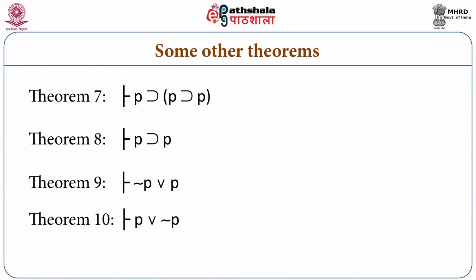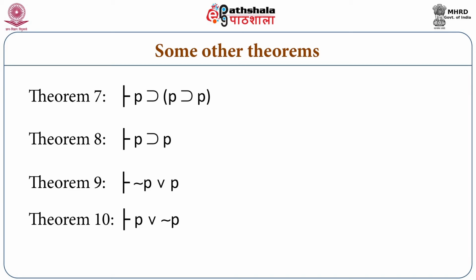Theorem number 7, P implies P. This can also be derived from the axioms. We can also derive P implies P, which can be mentioned as theorem number 8. Given those axioms, we can also derive another theorem, either not P or P.